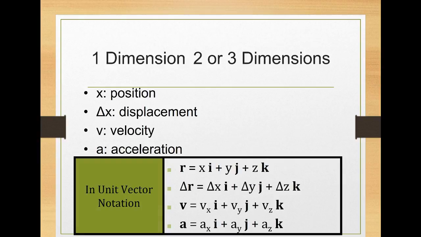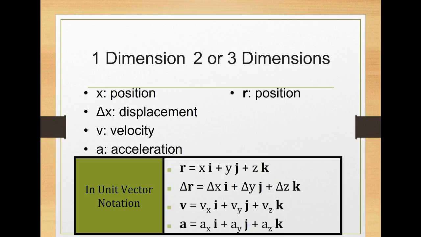Okay, so now what we can do is take what we've been talking about in one dimension and translate it into 2 or 3 dimensions. So if x is position, delta x is displacement, v is velocity, and a is acceleration, then we can translate that into r being position.